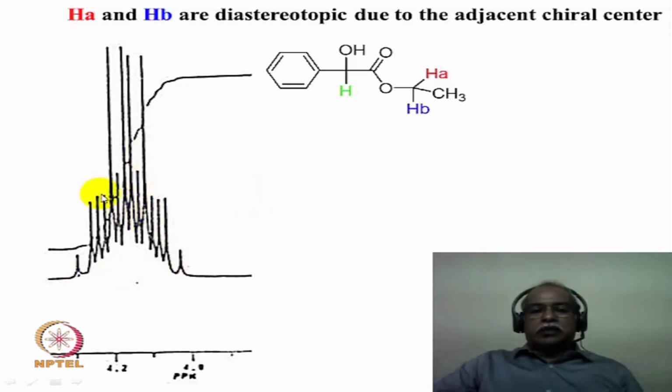So this is actually an example of diastereotopic hydrogens splitting each other. The geminal splitting is what is responsible for the multiplet. So HA and HB appear as a doublet of doublets, which is further split by the CH3 group into a quartet. So a doublet of quartets is what is actually seen for the ethyl group. This is an example of diastereotopic hydrogens splitting each other.